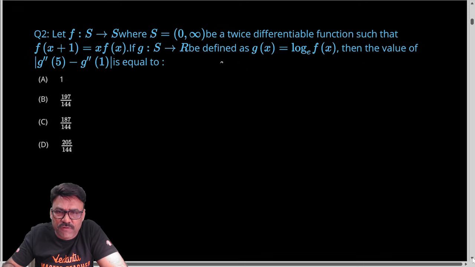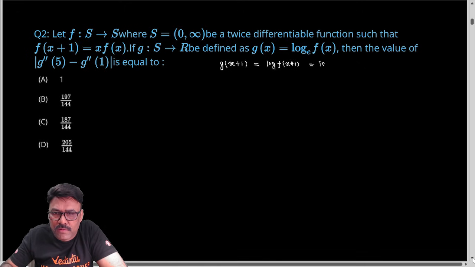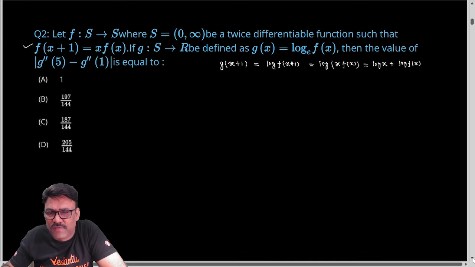So see, f of x plus 1 is x f x and g x is this function. So if I find g of x plus 1, g of x plus 1 is log f of x plus 1, and I can write f of x plus 1 from this information as x f x. So this is log x f x, and log x f x can be written as log x plus log f x.